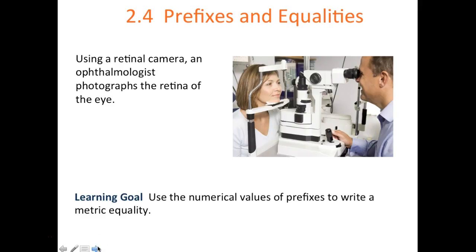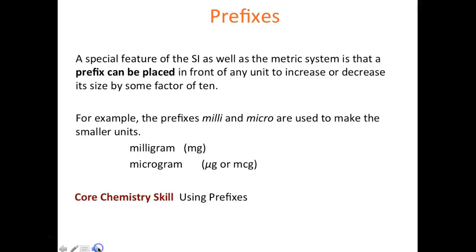All right. Prefixes and equalities. So you need prefixes to convert from maybe a smaller unit to a larger unit, or to the base, and vice versa.